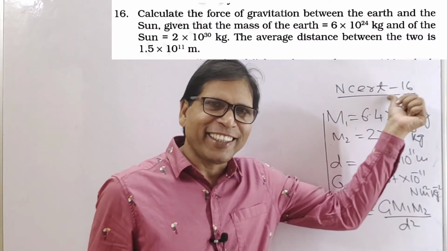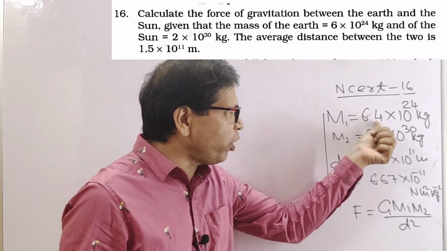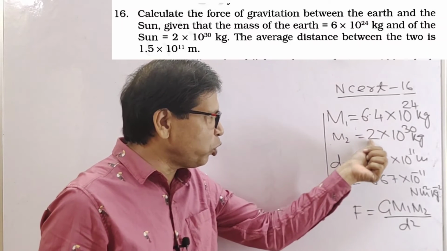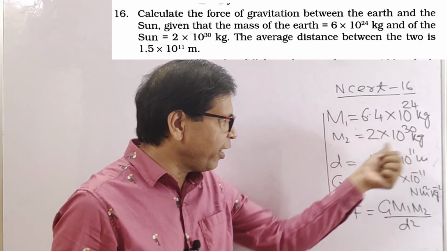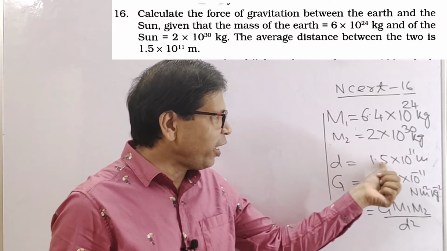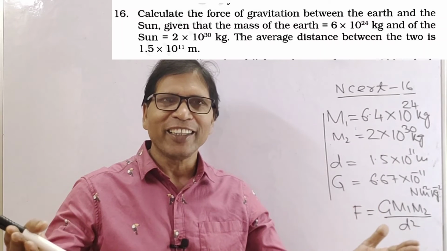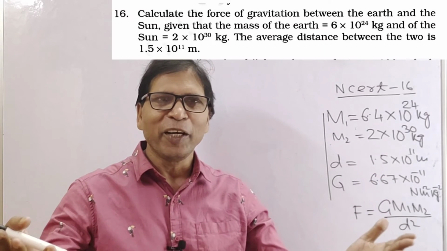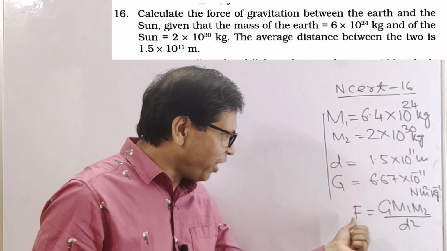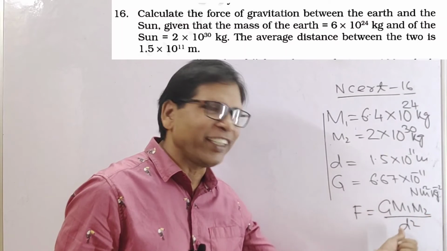Now numerical 16. The mass of earth is 6.4 into 10 to the power 24 kg. Mass of sun is 2 into 10 to the power 30 kg. And distance of separation is 1.5 into 10 to the power 11 meter. We have to calculate the force of attraction between sun and earth. Now the formula is F equal to G m1 m2 by d square.